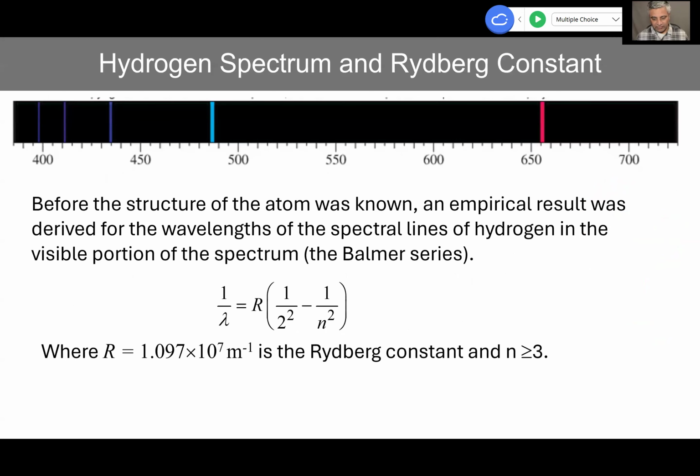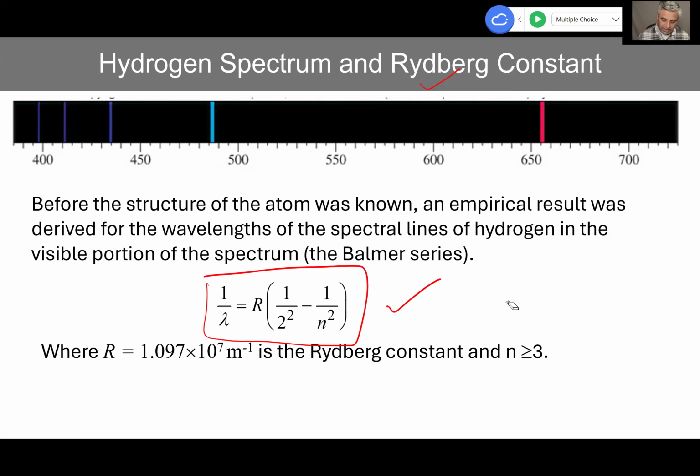So to describe why the spectra is there, here is what happened with Rydberg. He basically did not derive this equation, but by looking at and measuring the values, he put together this equation.